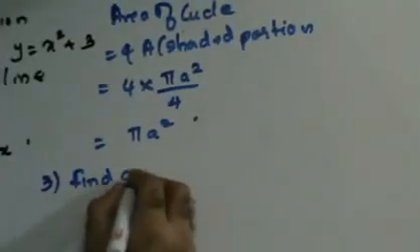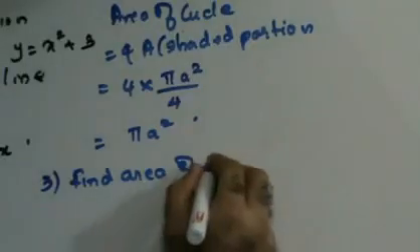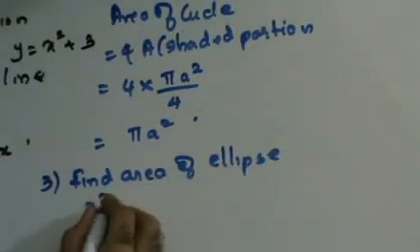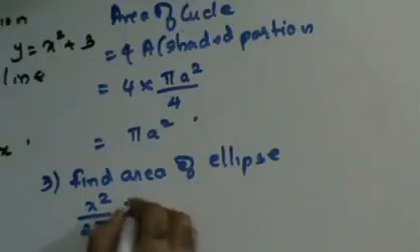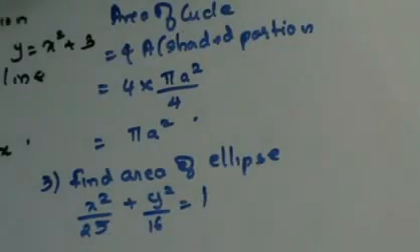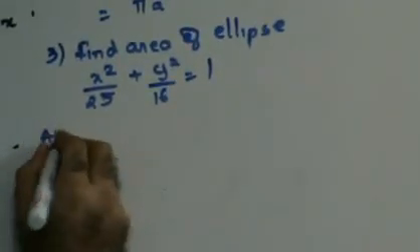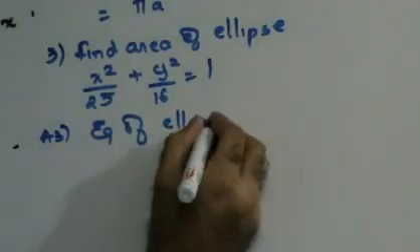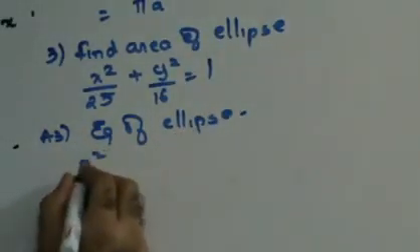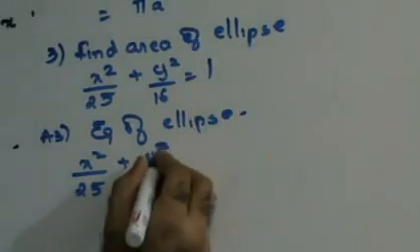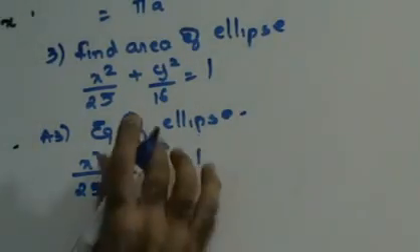Find the area of the ellipse whose equation is x square by 25 plus y square by 16 is 1. The equation of the ellipse is x square by 25 plus y square by 16 is 1.